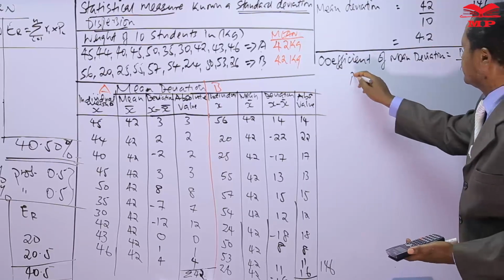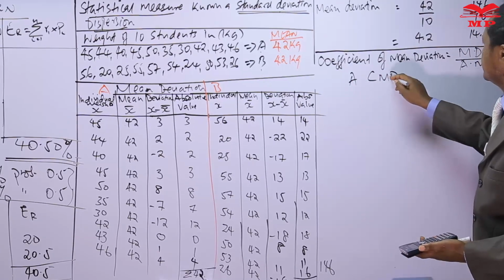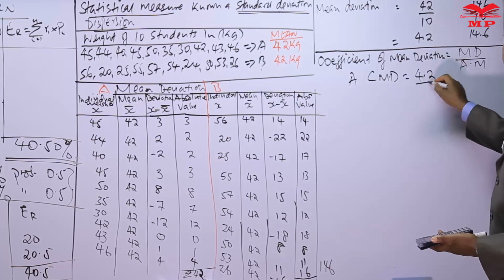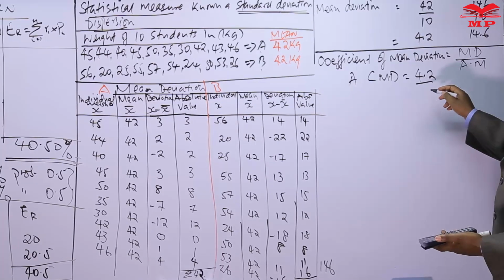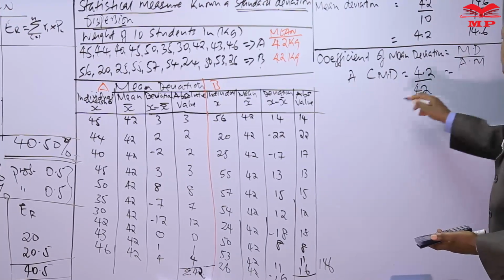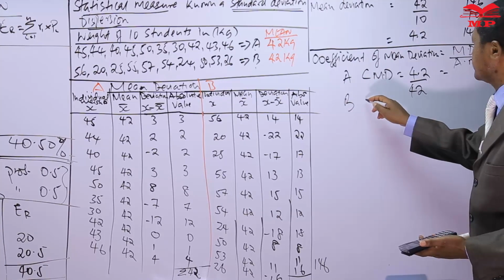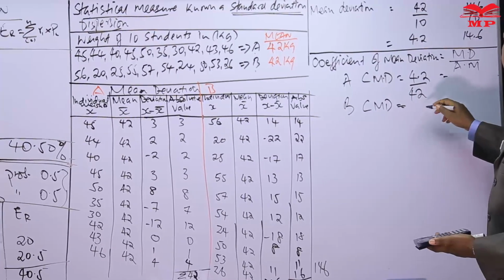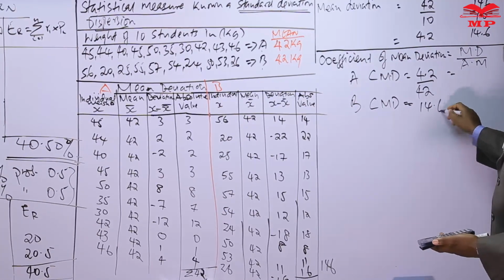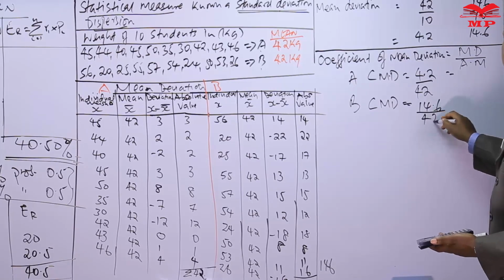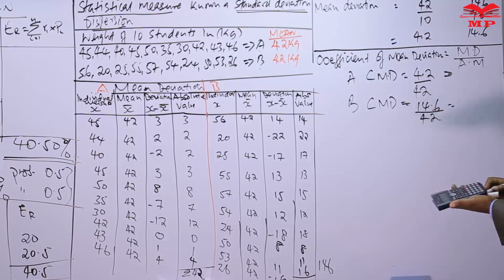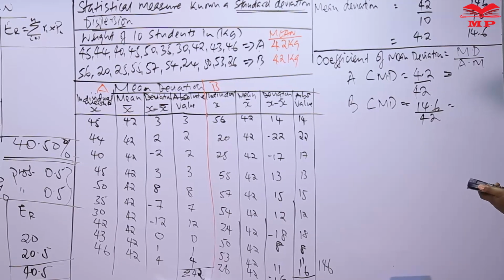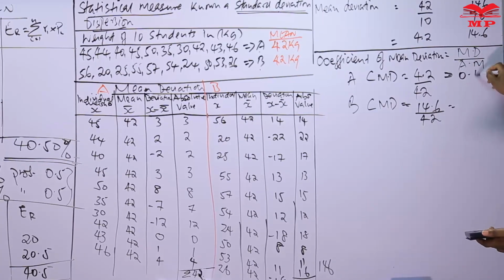So for A, the coefficient of mean deviation will be equal to the mean deviation of 4.2 divided by the arithmetic mean of 42, and for B, it will be the mean deviation of 14.6 divided by the mean of 42. 4.2 divided by 42 is equal to 0.1.